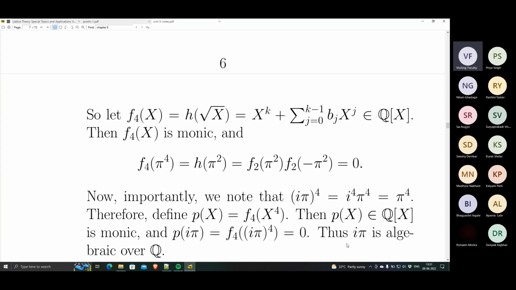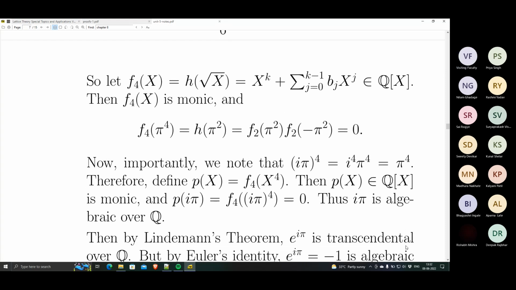We did all this in order to prove this: if pi is algebraic over Q, then i times pi is algebraic over Q. This is what we proved so far. Now we can use Lindemann's theorem. Since i pi is algebraic over Q, e raised to i pi is transcendental over Q by Lindemann's theorem.